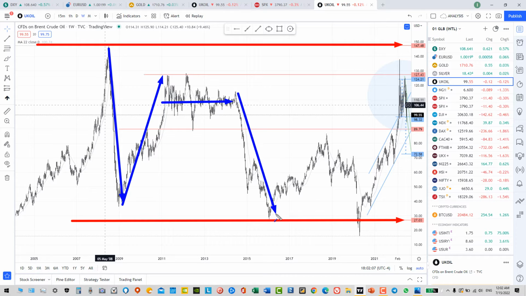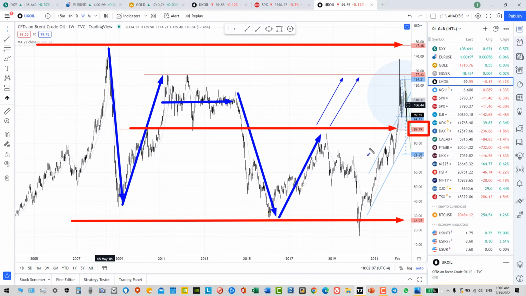Here it went downtrend, here it bounced from the support, it did not complete the expected cycle, but it reflected from another major monthly resistance around the $90 mark, and it went downtrend.